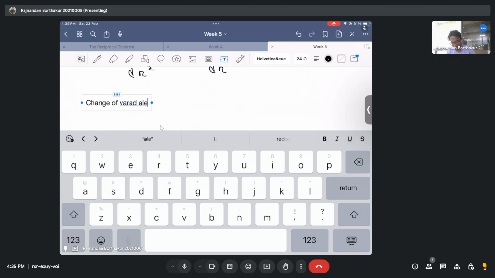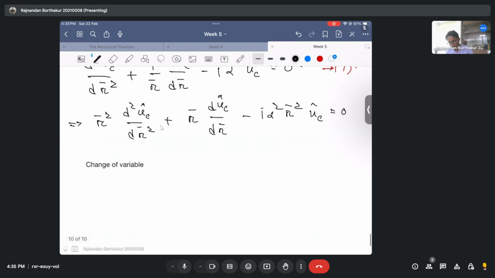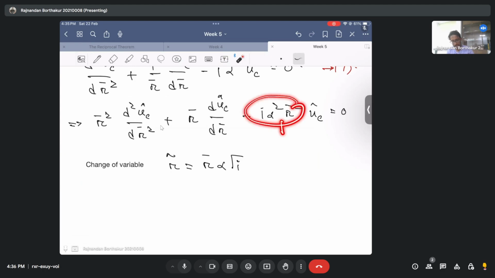I will consider an R tilde, a transformation from R bar to R tilde such that R tilde is R bar times alpha root over i, meaning that I want to make this some R tilde squared. That's why I have chosen R tilde as R bar times alpha root over i.